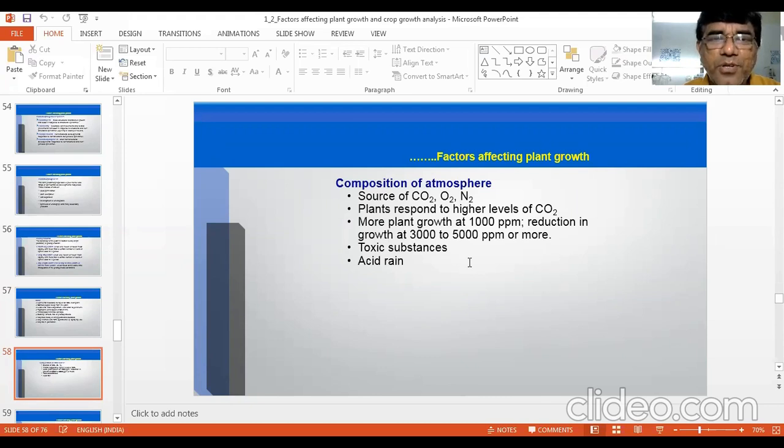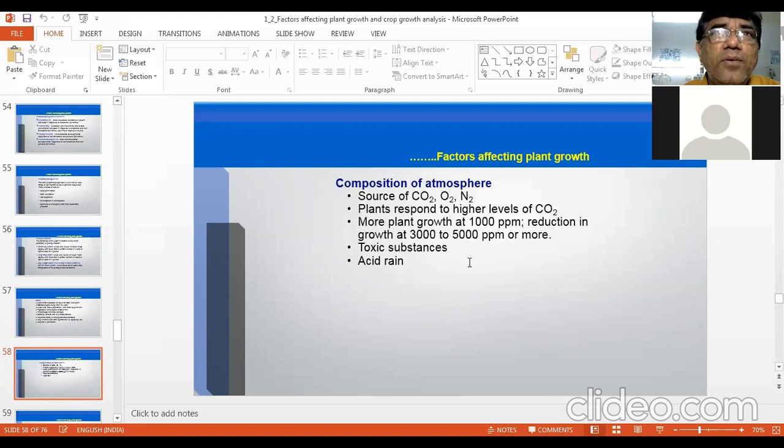How much is the CO2 concentration in the atmosphere right now? Around 400 ppm. Around 410 ppm.